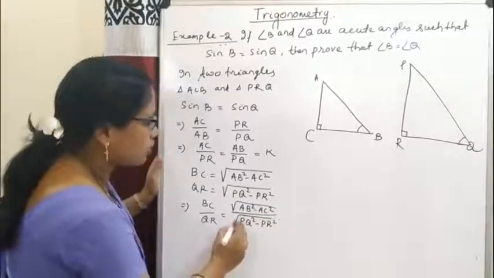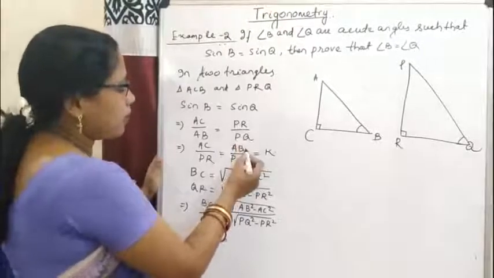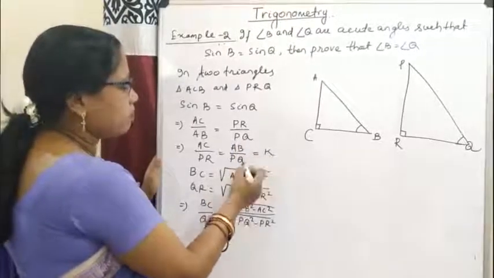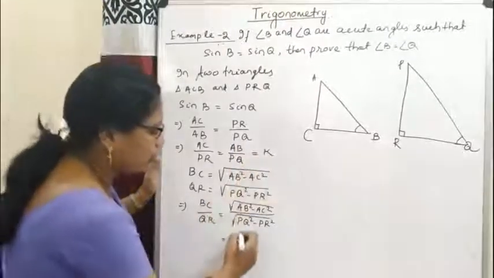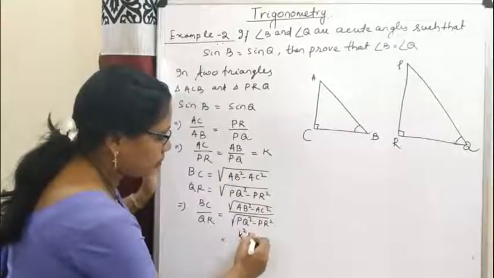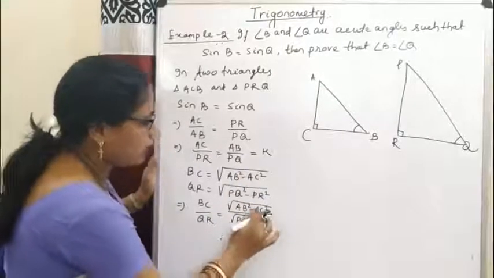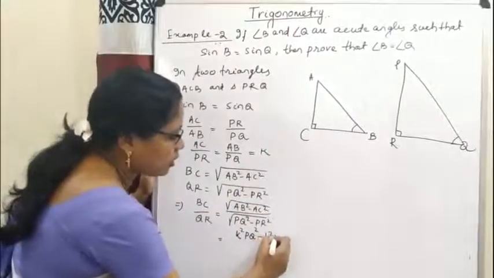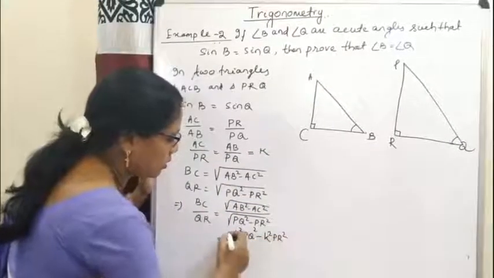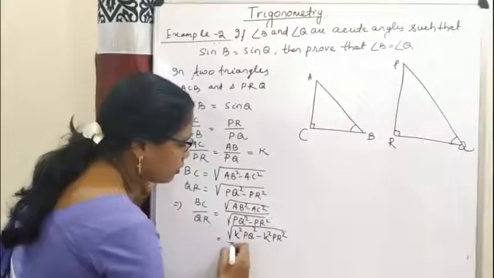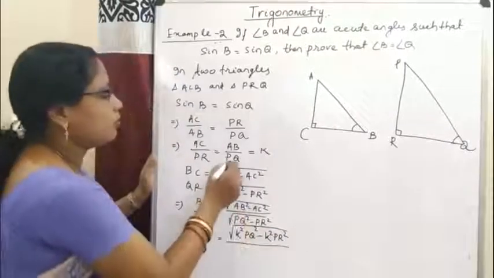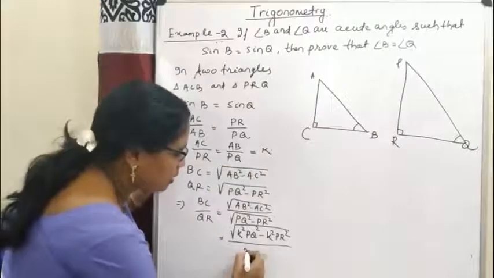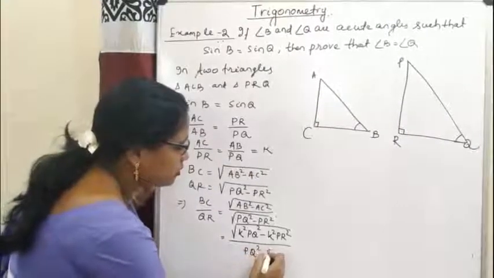So this is equal to, what is AB? So AB can be written as K into PQ. So K square PQ square minus AC can be written as K PR, so K square PR square, square root, divided by square root of PQ square minus PR square.